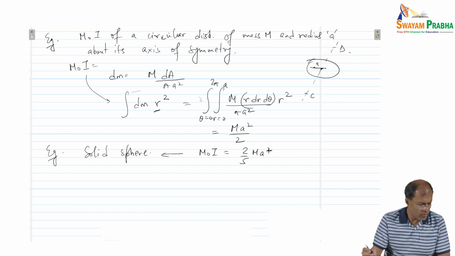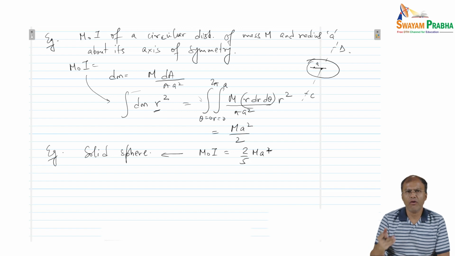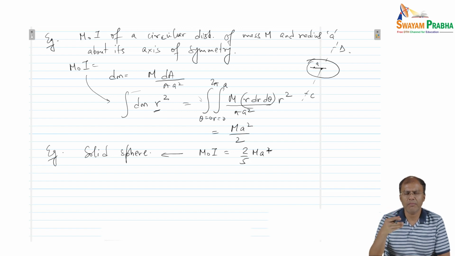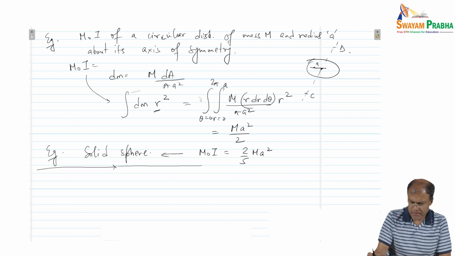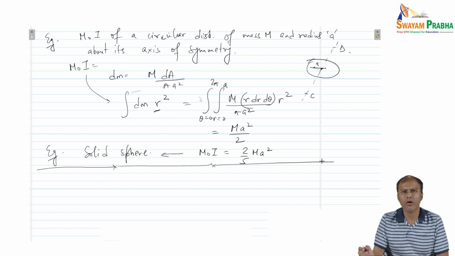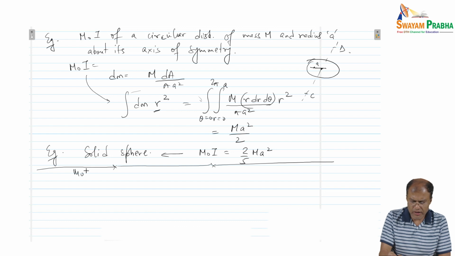Okay, so enough of all these simple trivial examples. Let us now tabulate all the results for these known objects, these regular objects, right? So the list that we have, I've just compiled a short list. So moment of inertia list.